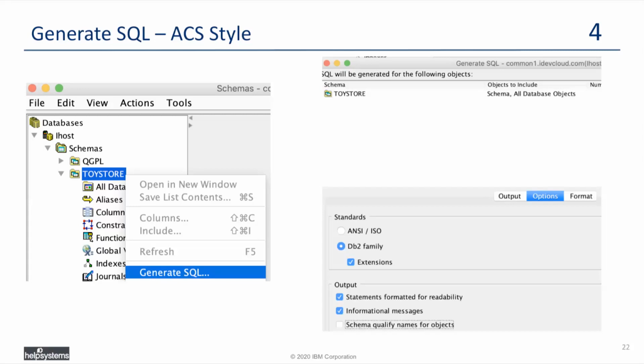Then go to ACS and generate SQL, but uncheck schema qualified names for objects. We will take out the library qualification from all the SQL that's going to be generated, making it easy for you to create a new library or a new schema with all the same objects without their data, but your data model is there intact. So big time saver if you know that exists, and now you do.